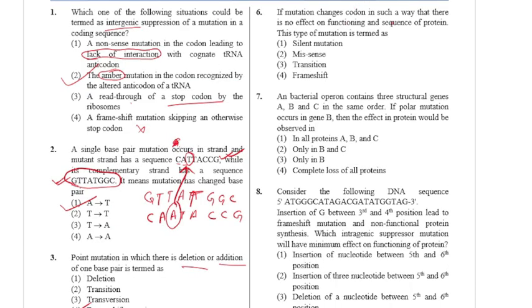If a mutation changes a codon in such a way that there is no effect on the functioning and sequence of the protein, this type of mutation is called missense mutation.